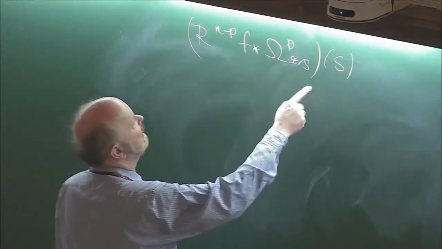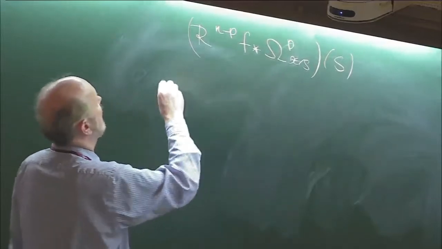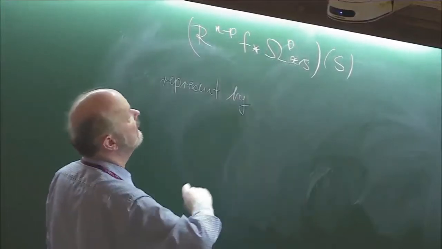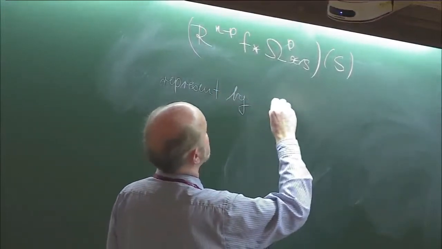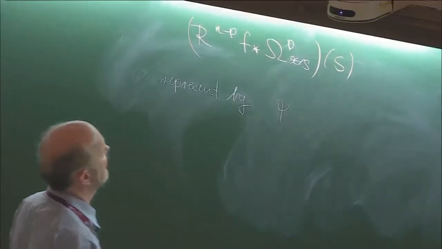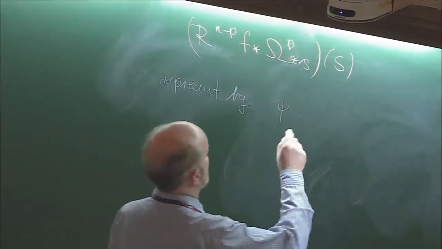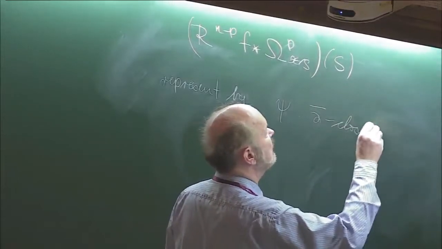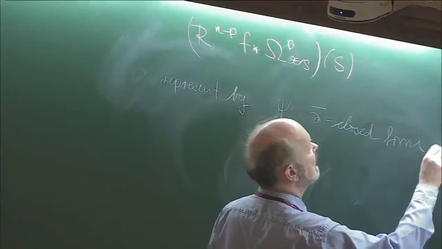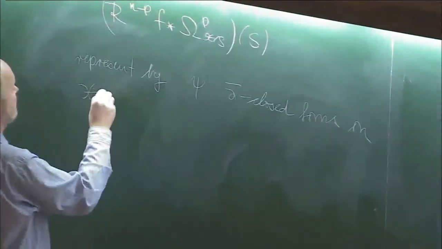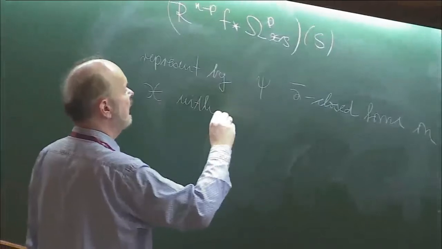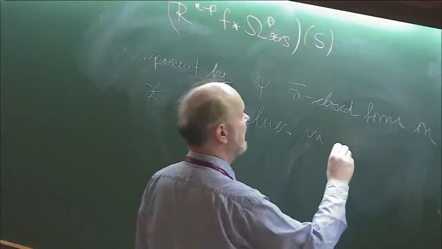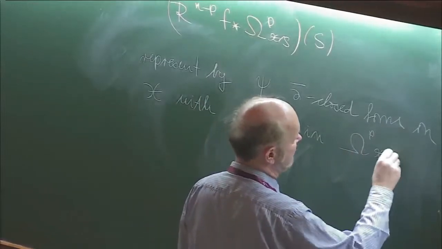So we can replace these things, represent them by forms, say psi, which are d bar closed forms on the total space with values in the corresponding sheaf.